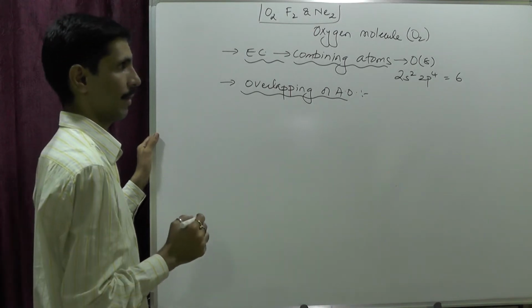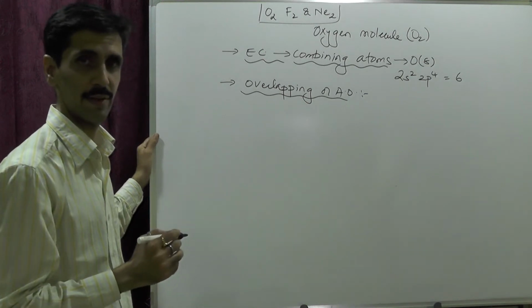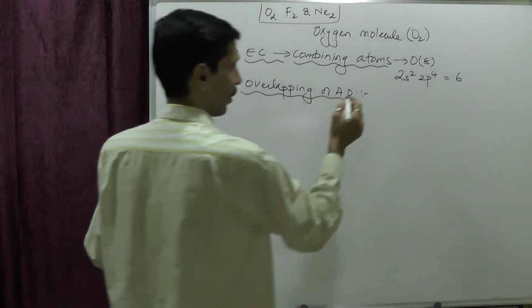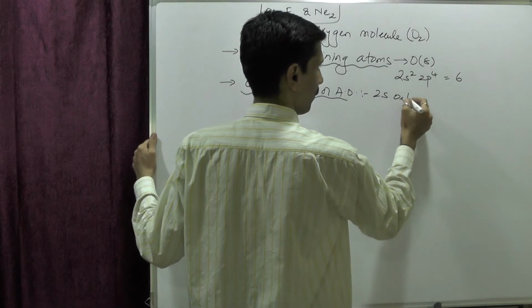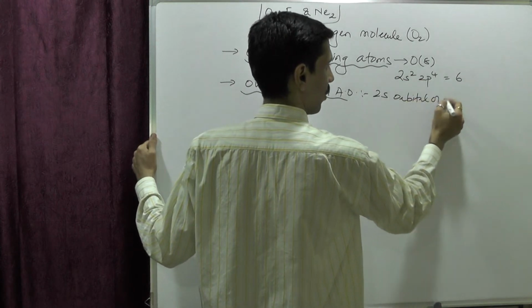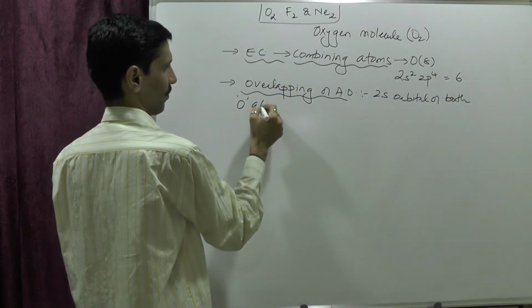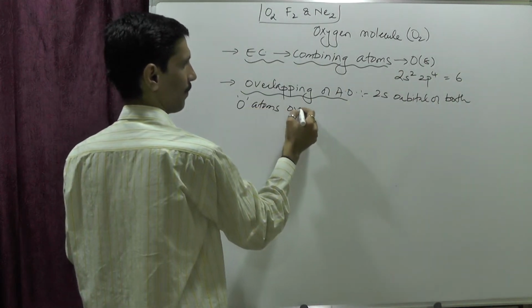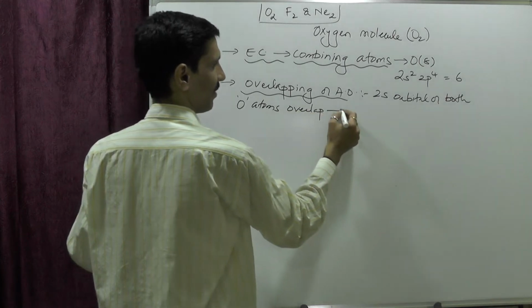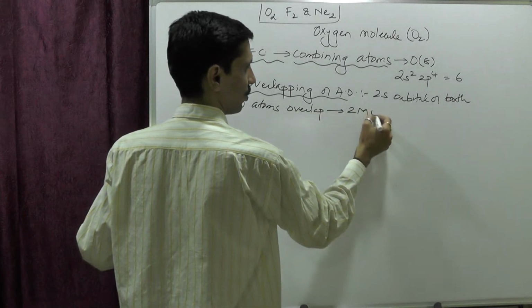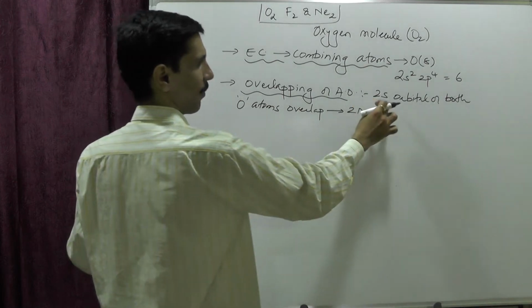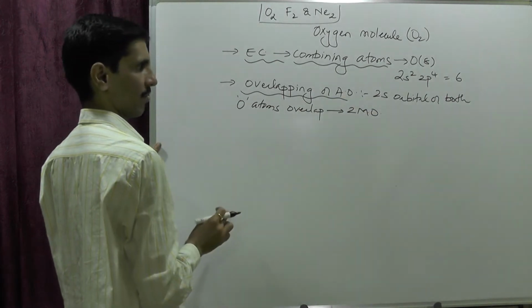When we talk about the 2s orbital first of all, the 2s orbital of both oxygen atoms overlap, resulting in the formation of 2 molecular orbitals, because 2s orbital of one oxygen, 2s orbital of another oxygen.